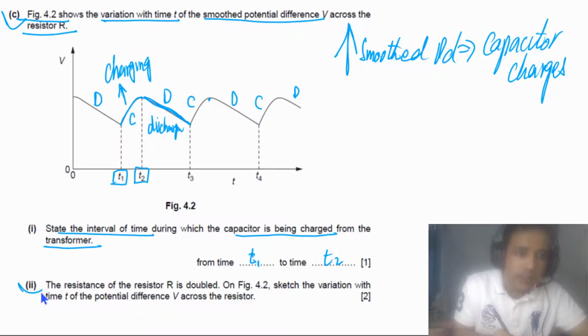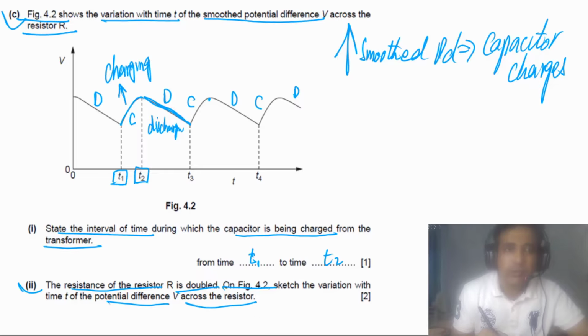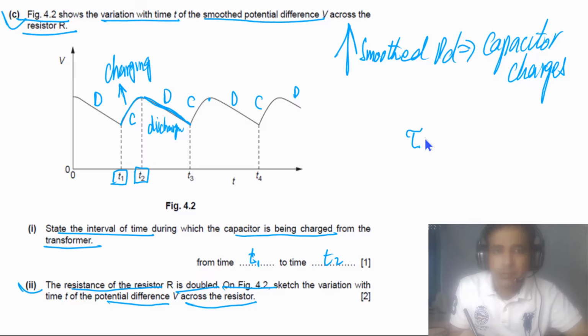For the second part, it is given to us the resistance of the resistor capital R is doubled. On figure 4.2, sketch the variation with time t of the potential difference V across the resistor. So we need to re-sketch if resistance is double. We need to understand when the resistance is double, the tau, the time constant, RC.